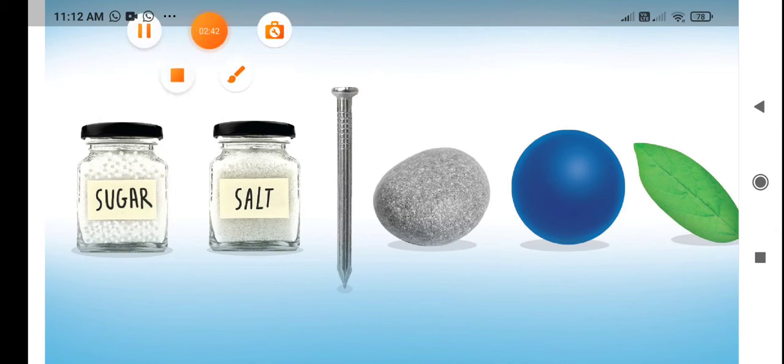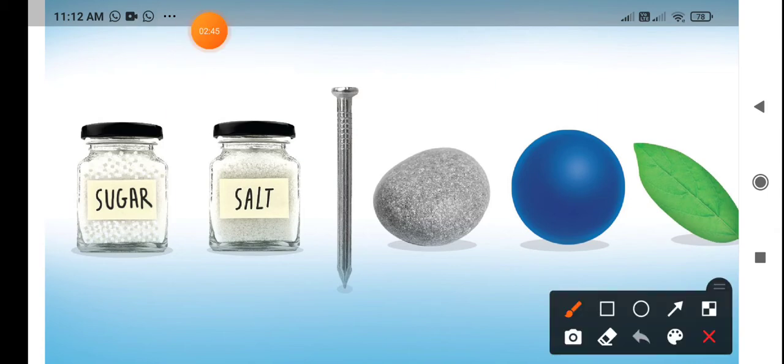And then see the plastic ball. Well, this plastic ball can float in the water. Is this plastic ball floating in the water or sinking in water? It floats on the water. How the plastic toy is floating like that. And what about this leaf?